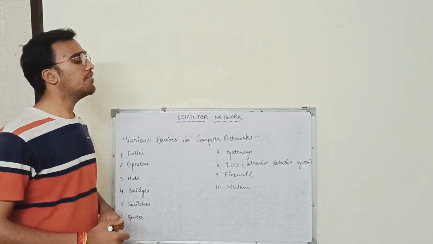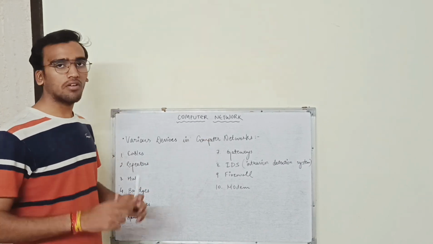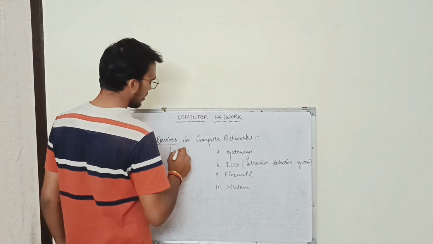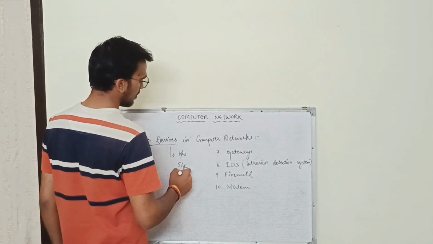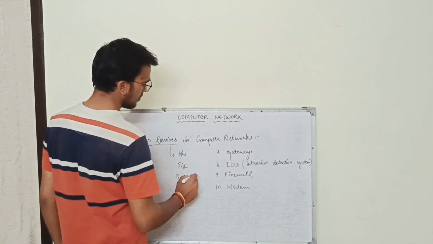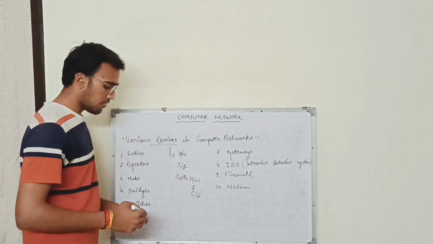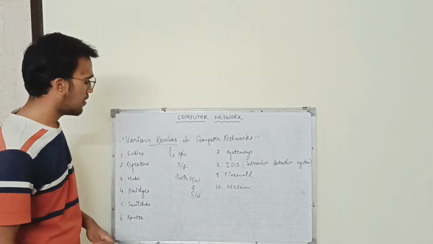I'm Dhruv Sharma. In this video, we are going to learn about the various devices used in computer networks for transmitting the data. The various devices may be hardware, software, or both hardware and software. Today we are going to learn about the hardware devices, software devices, and devices that are both.